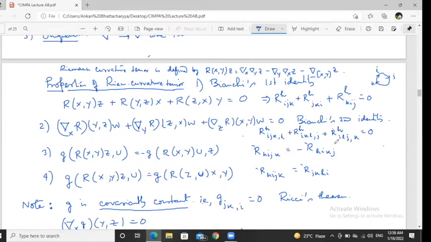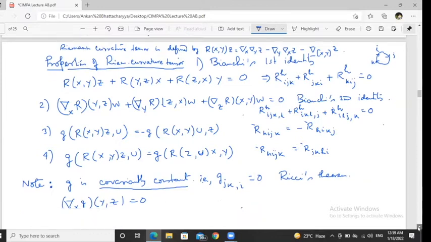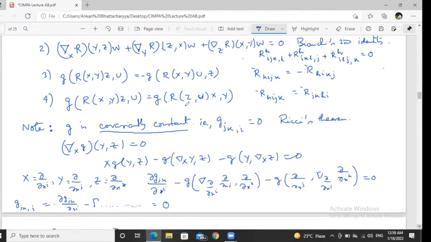And this is the Bianchi second identity: it is the covariant derivative of R, moving cyclically. And g(R(X,Y)Z, U) equals minus g(R(X,Y)U, Z), so it is skew-symmetric with respect to the last two vector fields, and symmetric with respect to pairs at a time, where g(R(X,Y)Z, U) equals g(R(Z,U)X, Y). Now we note that g is covariantly constant.